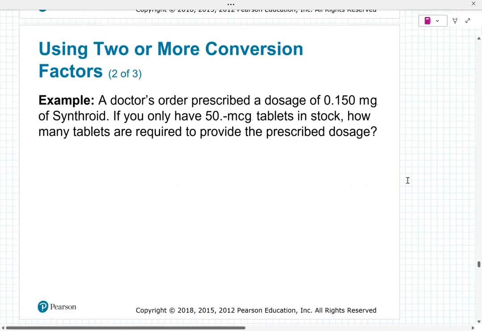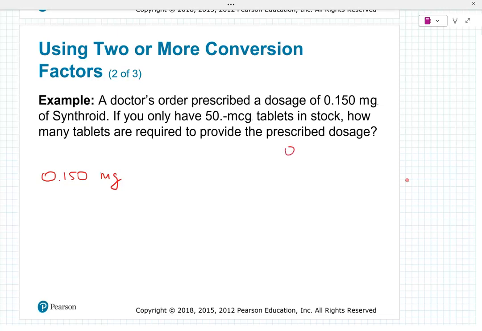What are we given? We have that number. 0.150 mgs. Hang on. We need to know how many pills. So there are two equalities that we can have here. Hear me out. One is this.